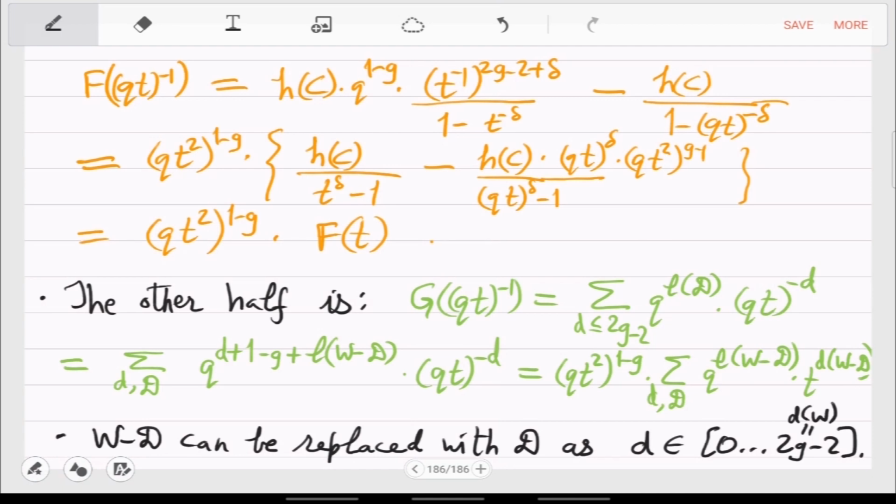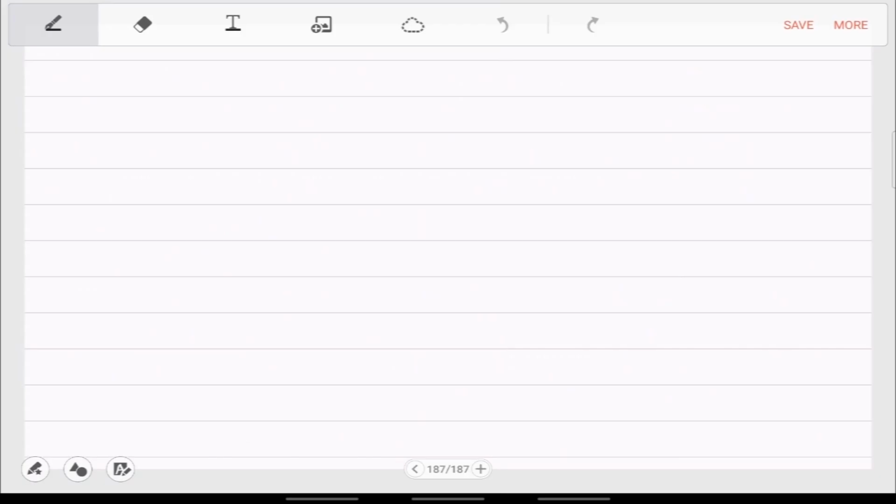So you can switch it back to D. So this is all coming from Riemann-Roch. We need everything that we did there, which implies that G of Qt inverse is equal to Qt squared to the 1 minus g times G of t.